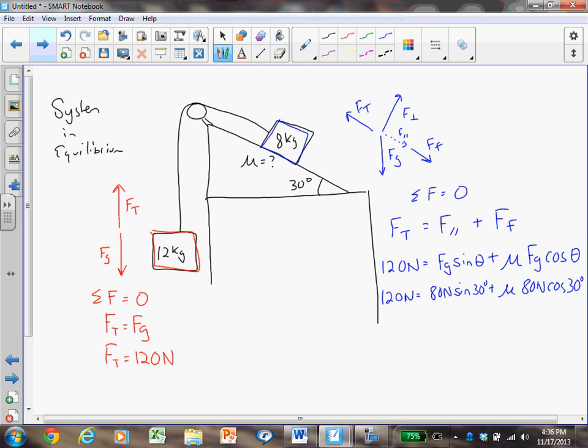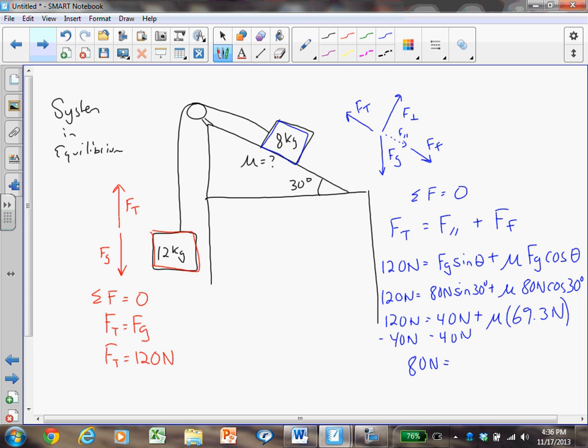80 sine 30 is 40 plus mu times 80 cosine 30 is 69.3. So subtract the 40 over. You have 80 newtons, right?